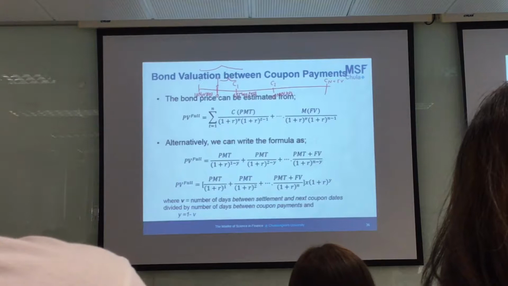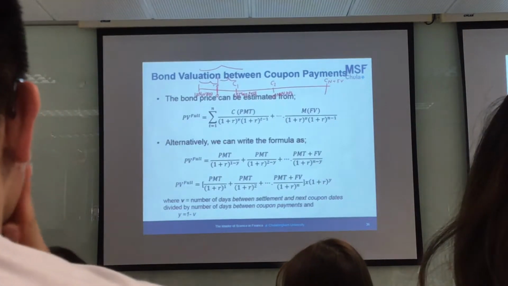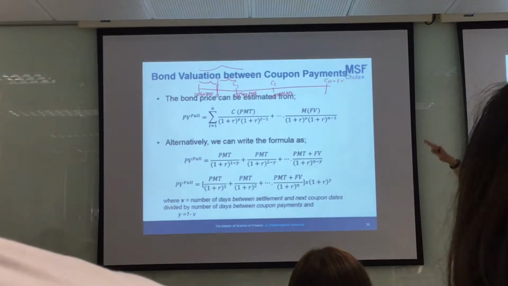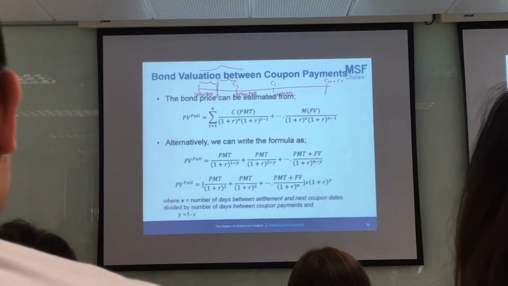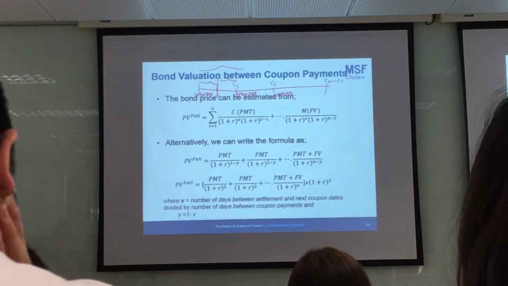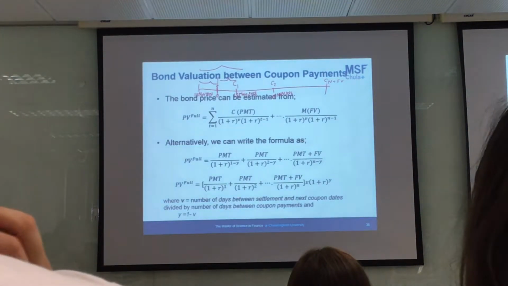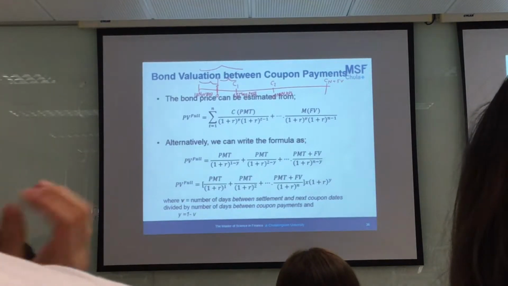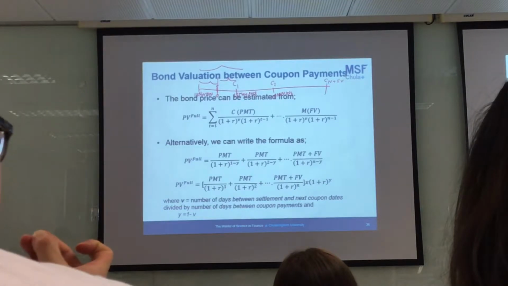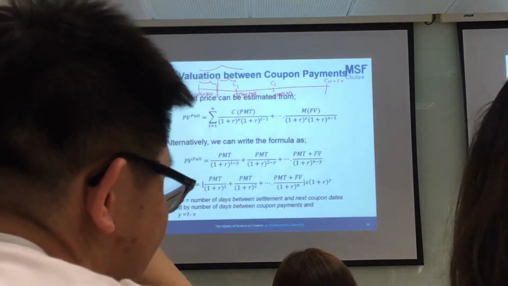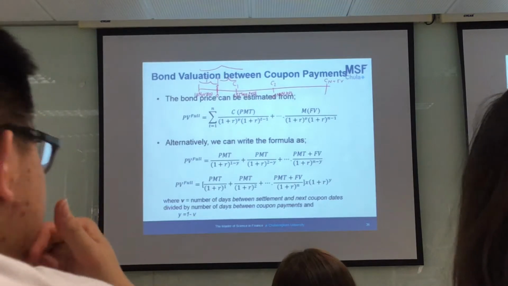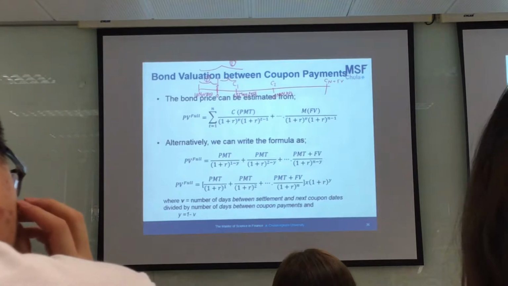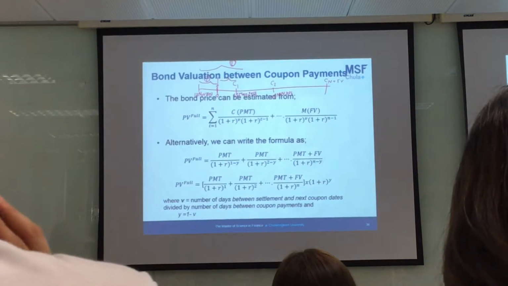So Y is just equal to the number of days between the last coupon payment till the settlement date, divided by the total number of days between the coupon payments. Suppose this is 1, this is 2, Y will be 1 over 2, right?